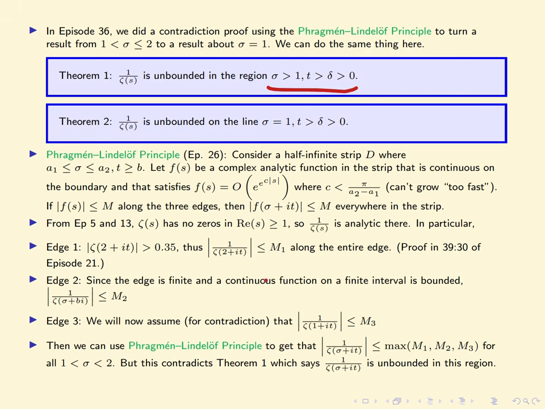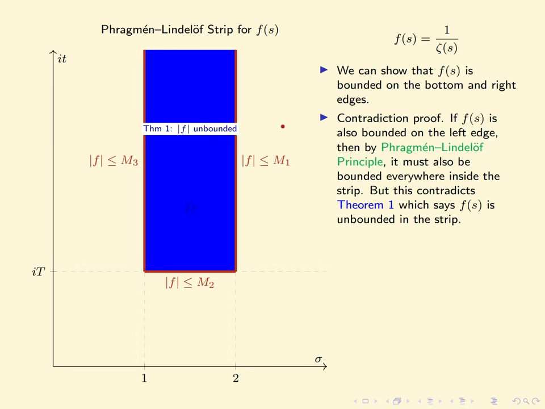Okay, so again, this might not make sense, so I'm just going to restate this with a visual. Sorry, this visual looks kind of weird, but what we're saying is that the red edges are the boundary of this area, and f of s is equal to 1 over zeta of s, and we can show that f of s is bounded on the bottom and the right edges, so this m1 and m2 over here.